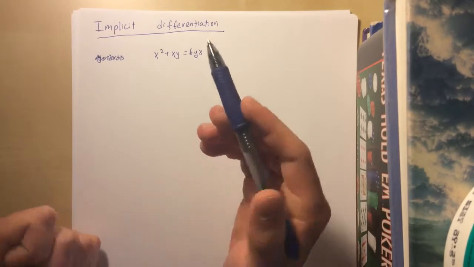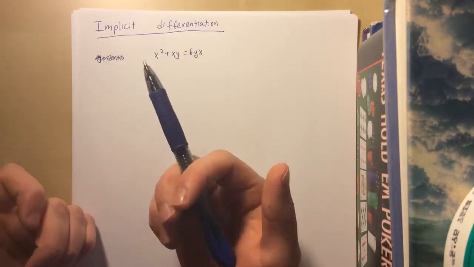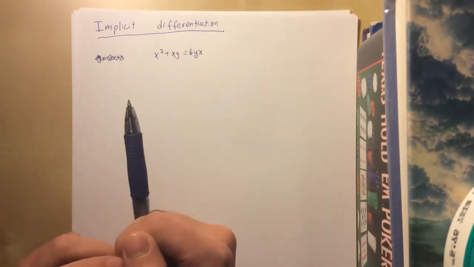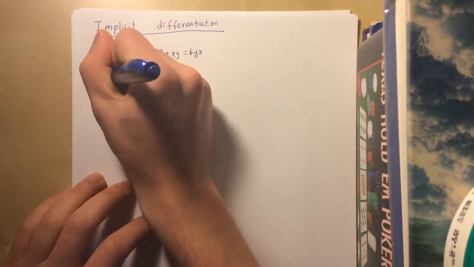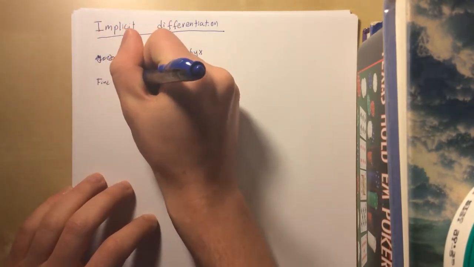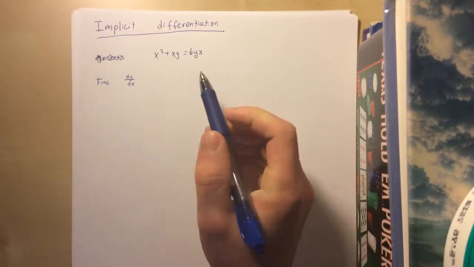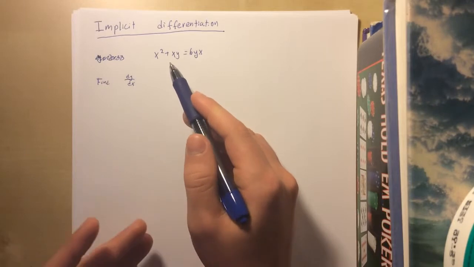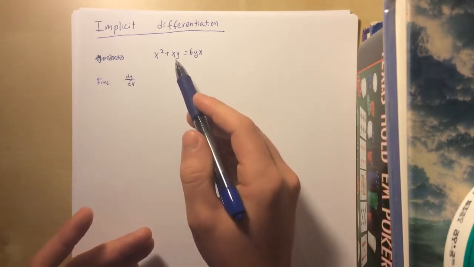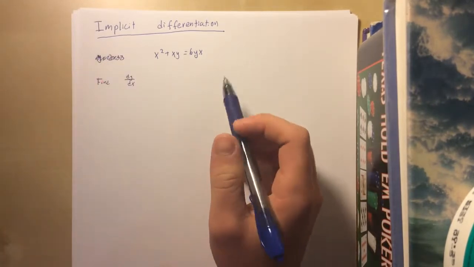So what you're usually going to want to do using implicit differentiation is to find dy dx. If we look at this, basically we're going to take the derivative of all the different terms.